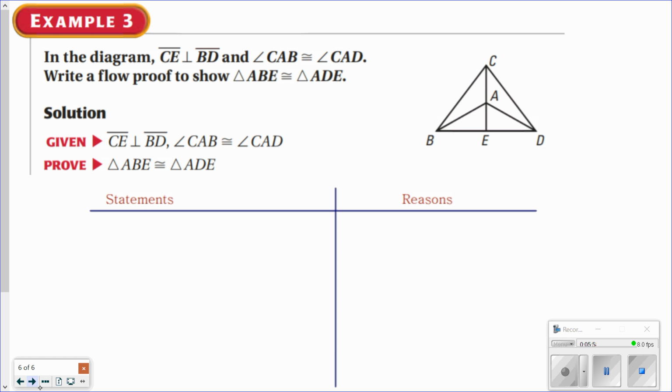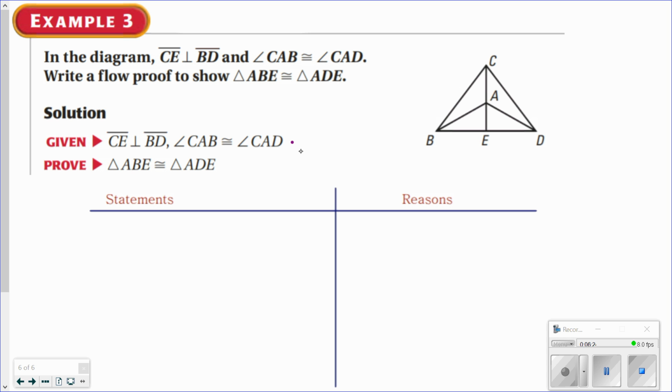All right, in our last proof today, in the diagram, CE is perpendicular to BD, and angle CAB is congruent to angle CAD. We want to write a proof here. Once again, we're given this, and we want to prove that triangle ABE is congruent to triangle ADE.